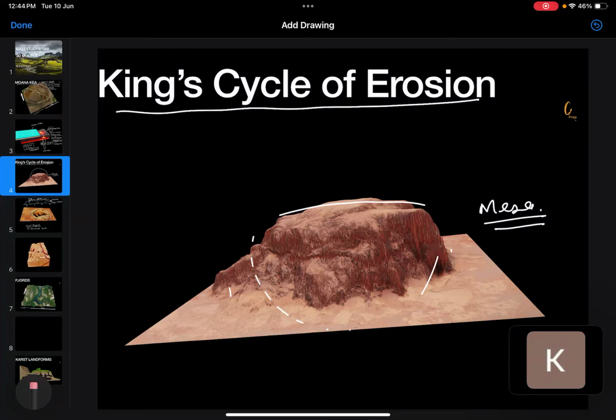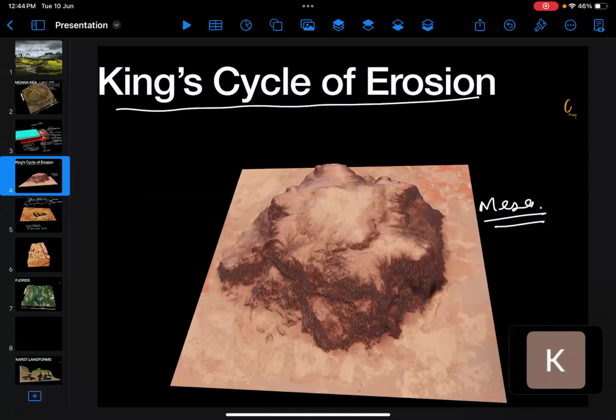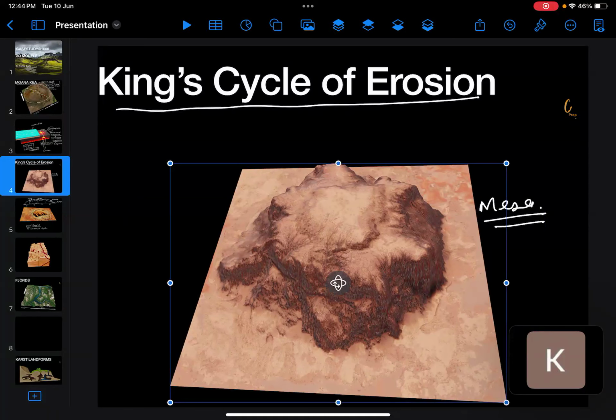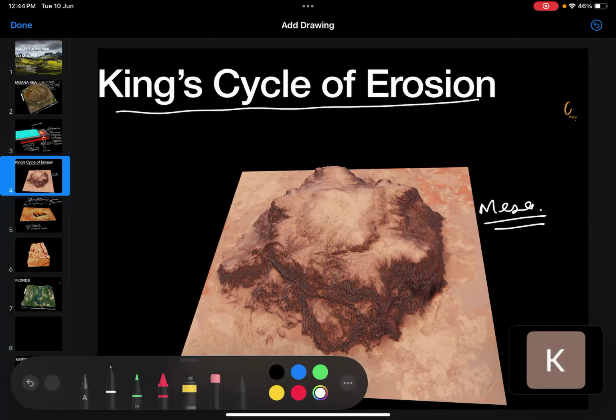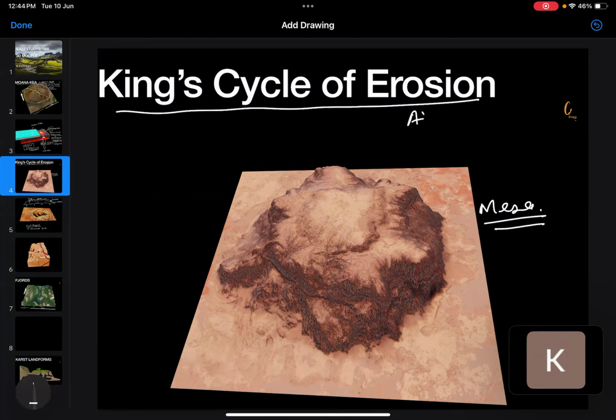So this is one of the important aspects which can be asked in the UPSC examination. Why? Because in contemporary times we are seeing that because of climate change, these landforms are getting altered. Why? Because of climate extreme phenomena.